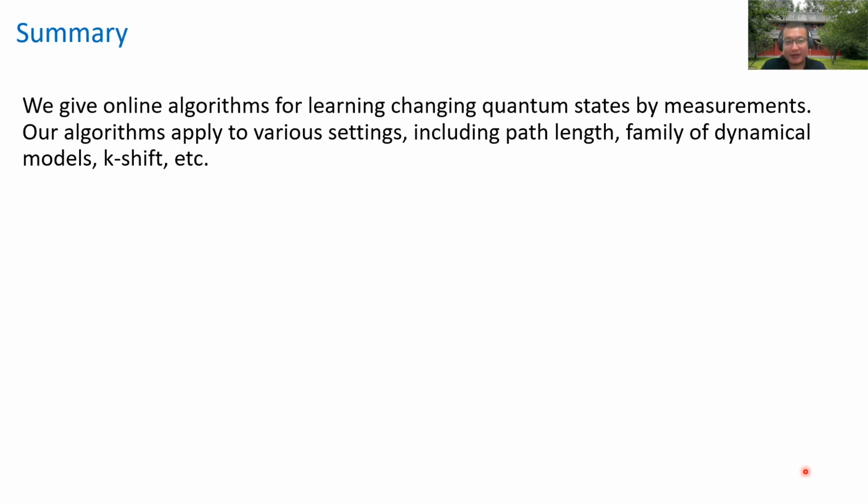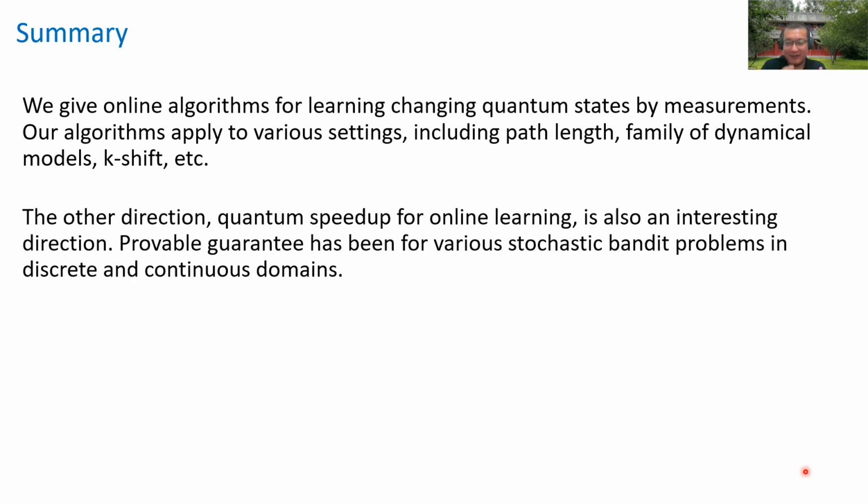Okay, I'm running out of time, so let me make a summary. Today in my talk, I talked about our recent online algorithm for learning changing quantum states by measurement. Basically, the dynamical model can cover different scenarios, for instance the path length, the family of dynamical models, the k-shift setting, etc. I also hope that not only do you get the information from my talk, but we can find ways of making further collaborations along this line.